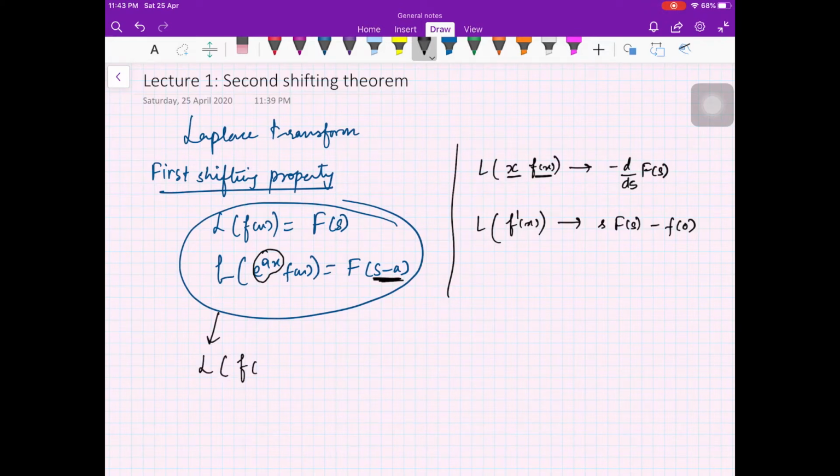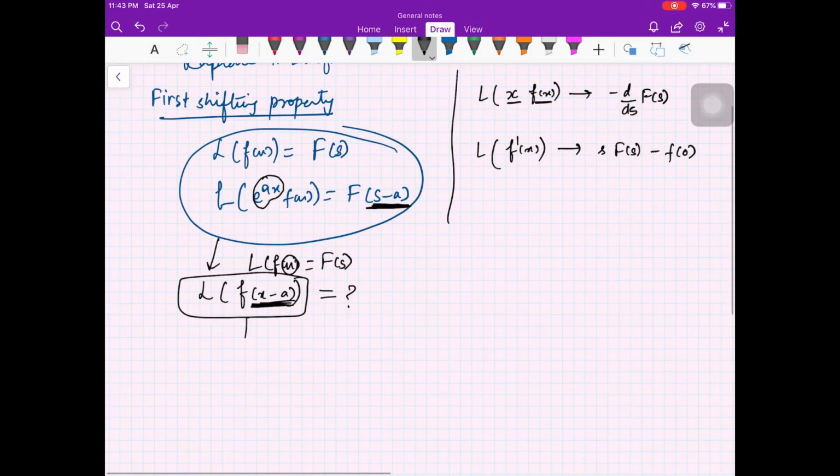Now our question in our mind is, what will happen if we try to find out something like f of x minus a, that in place of, here you see on the right hand side s is replaced with s minus a. So what happens if we know L of f of x already, and we want to know what is this if I replace my x with x minus a?